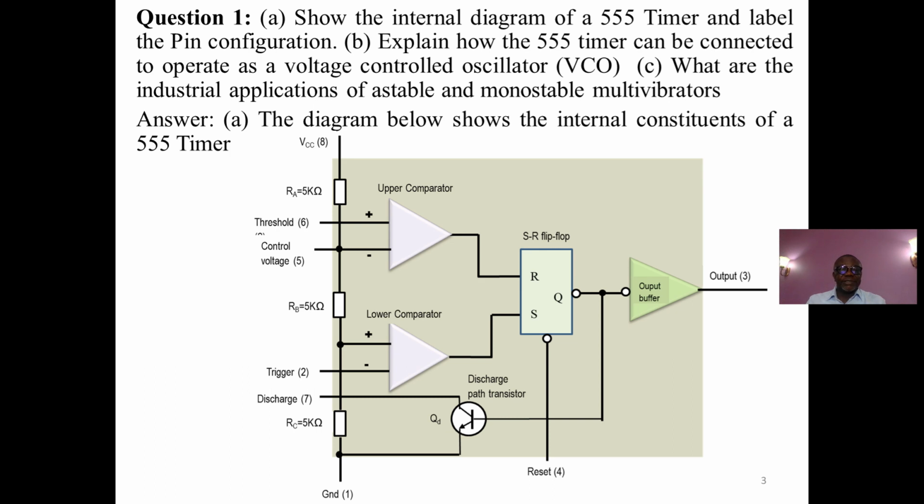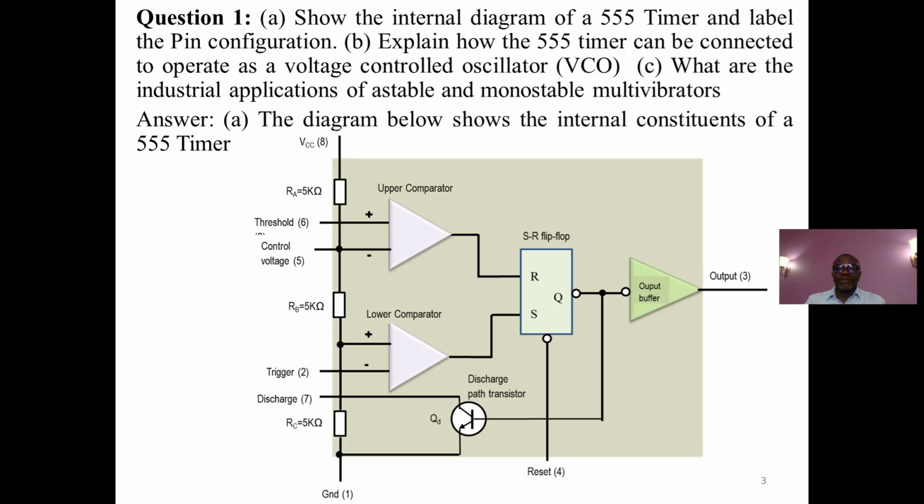The discharge is labeled as pin 7. The ground is pin 1. The reset is pin 4. And of course, the output is pin 3. We put the pins in brackets to show what pin is labeled.